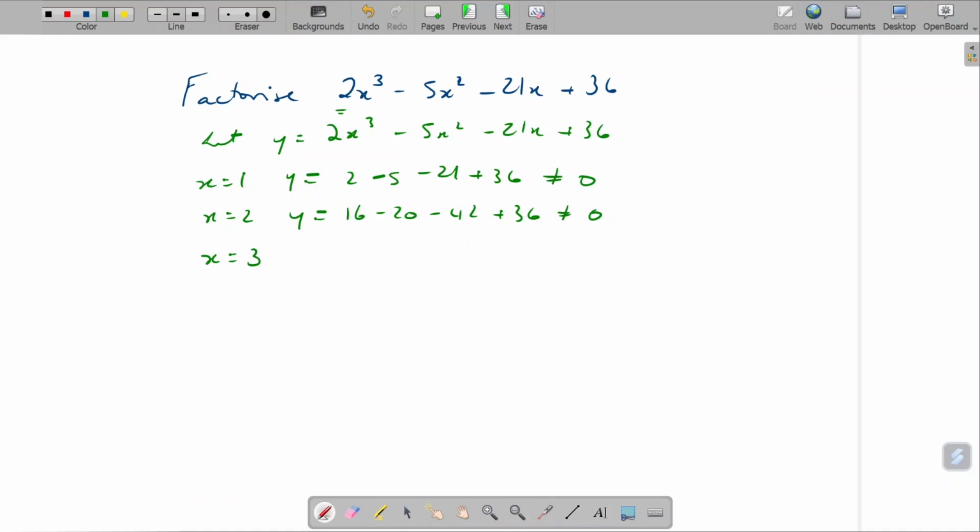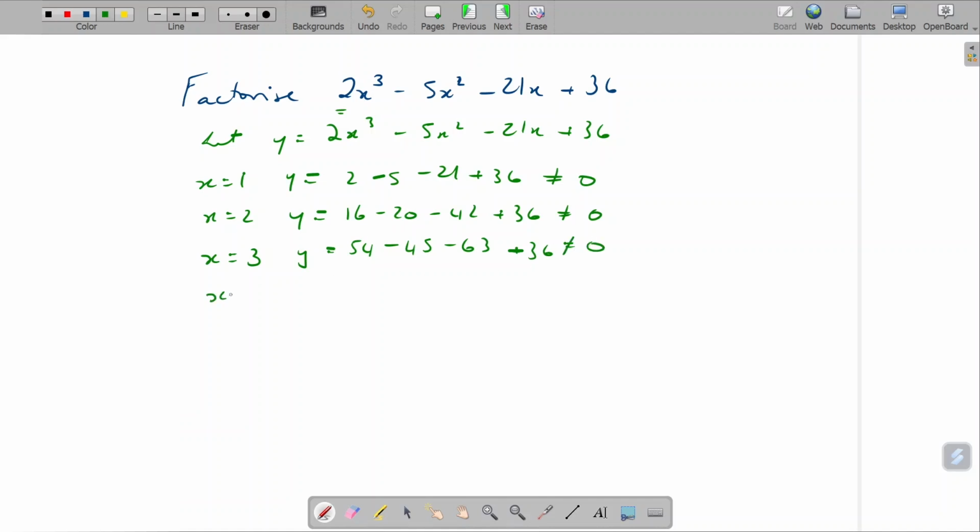If I try 3, I'm going to get y equals 2 times 27, so that's 54, minus 5 times 9 is 45, minus 63 plus 36, which again does not equal 0.